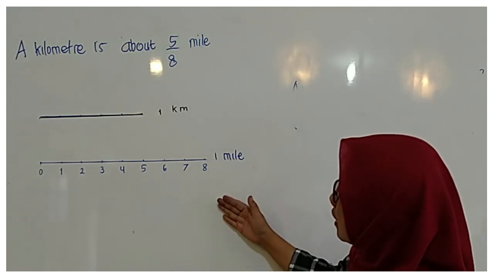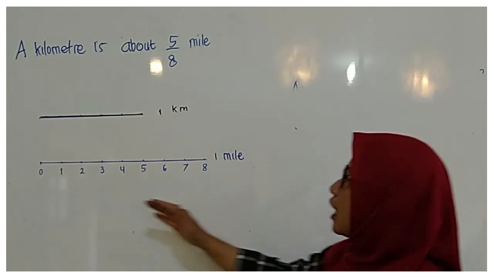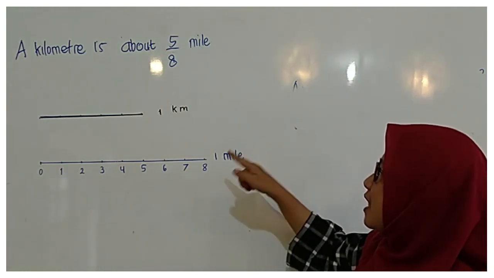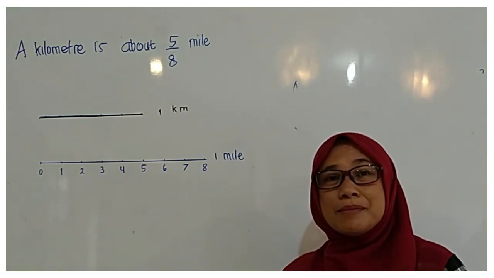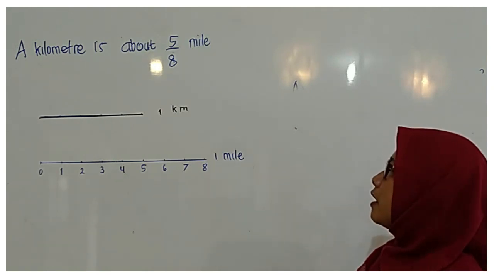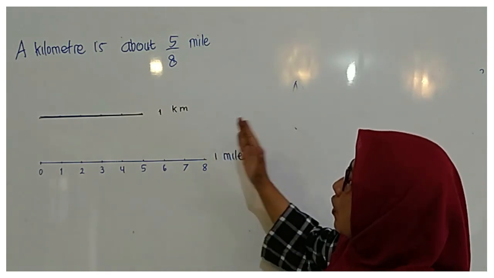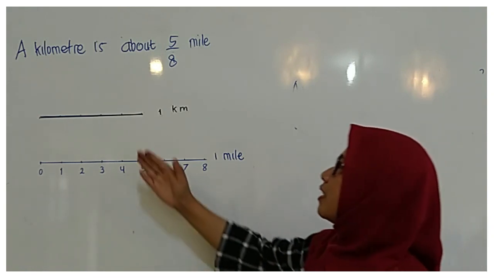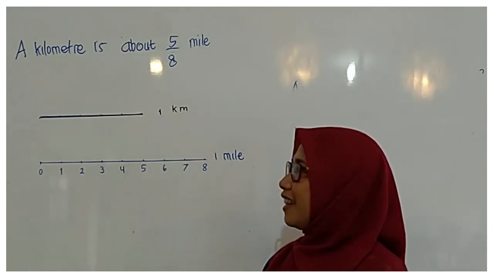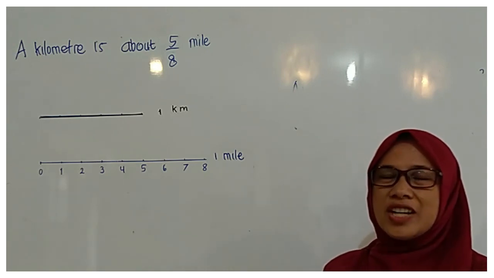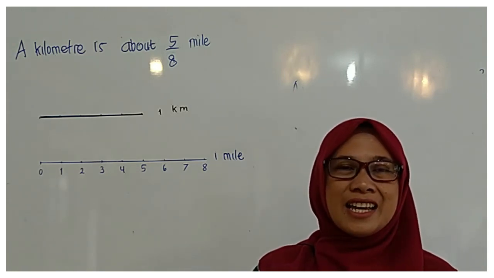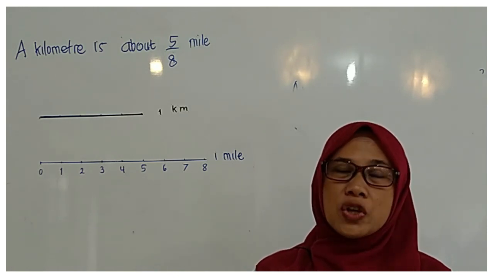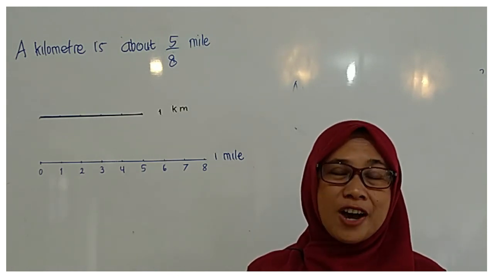So we see here in the picture, if the length of 1 mile is the blue line, we will know the length of 1 kilometer in the black line. So you can imagine that the kilometer is shorter than 1 mile.